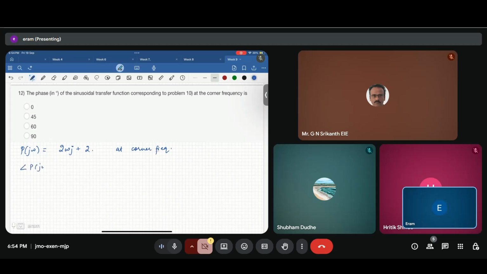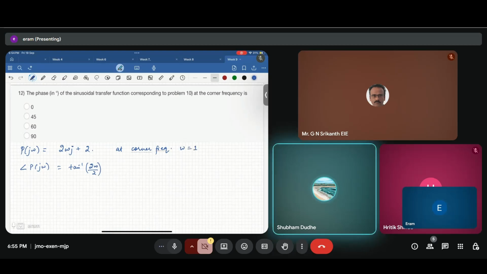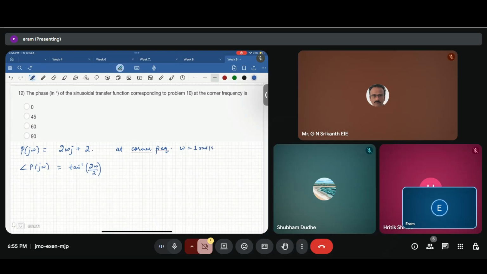The phase of P, we have only numerator, so it is just tan inverse of 2 omega by 2. And what was the corner frequency for this transfer function? It was at omega equals 1. So if we put omega equals 1, it will be tan inverse 1, so that is equal to 45 degrees.